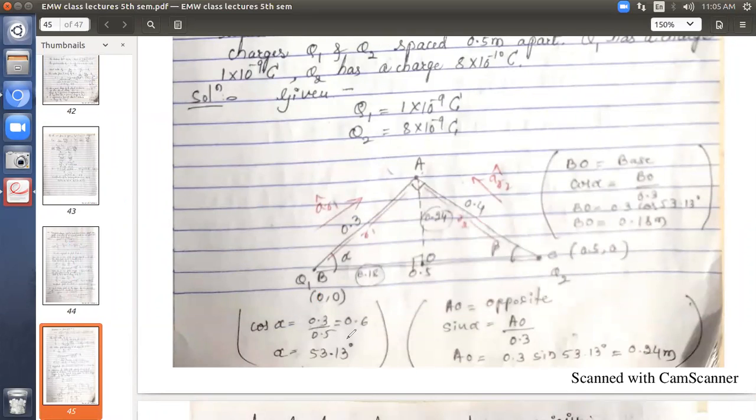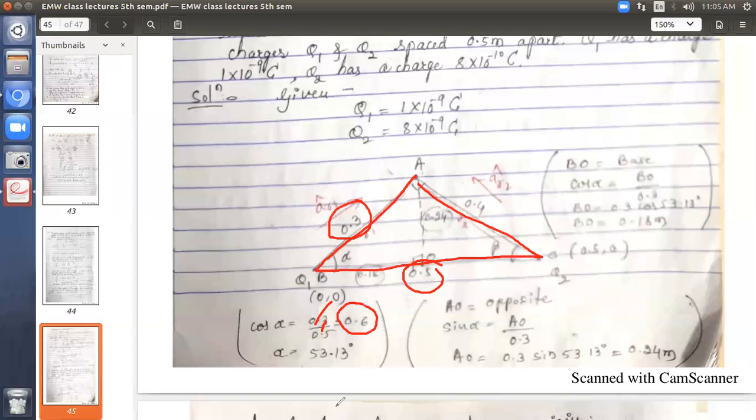In order to get this angle, according to the cos and sine trigonometric functions, cos theta is given by base by hypotenuse. Base is 0.3, hypotenuse is 0.5. So 0.3 by 0.5, you will get 0.6.